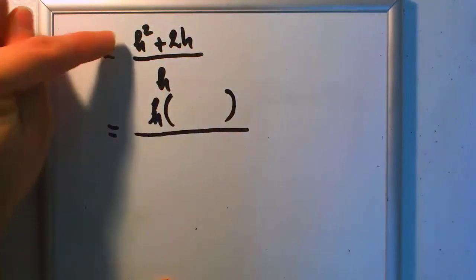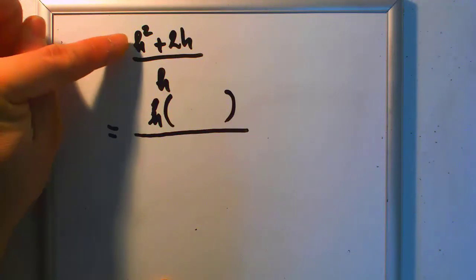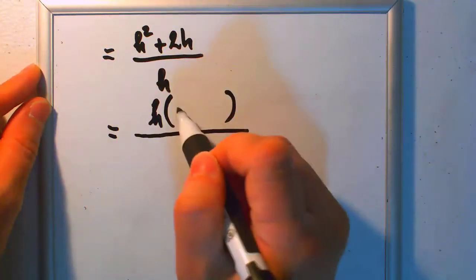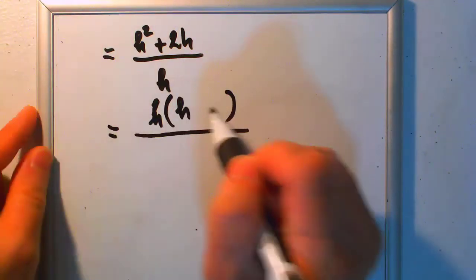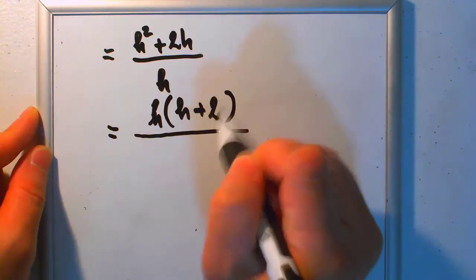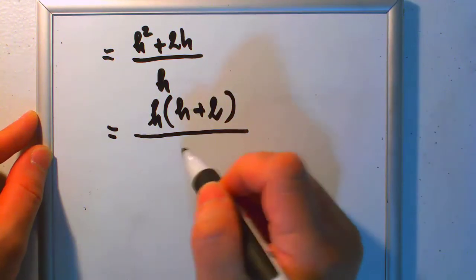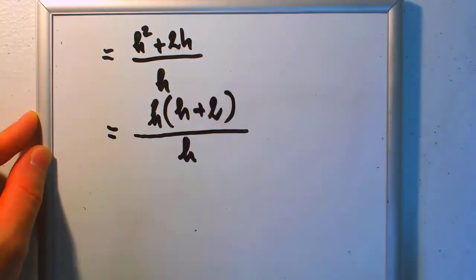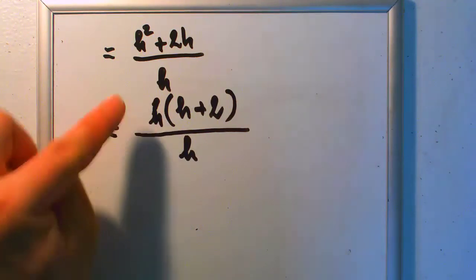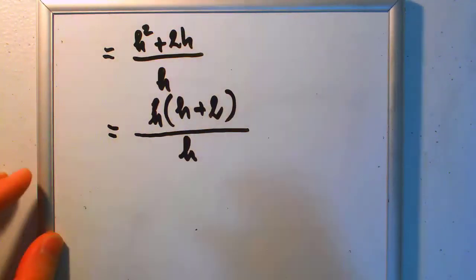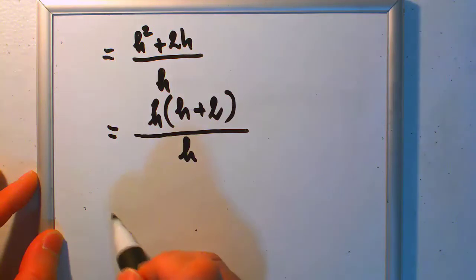After I pull out my common factor h, my first term becomes h inside the parentheses, and my second term becomes plus 2, and then over h in the denominator. And once again, that h in the denominator has remained untouched throughout all those steps until now.